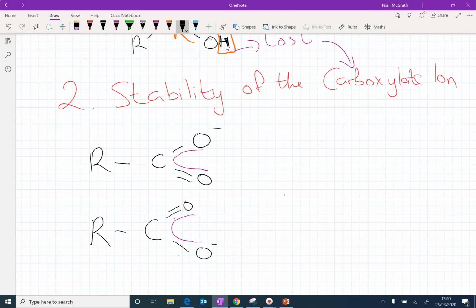So the structure that appears, anyway, is this, and throughout here you have a negative charge. Okay, so there's an even spread of charge due to that resonant hybrid structure, through those three atoms.